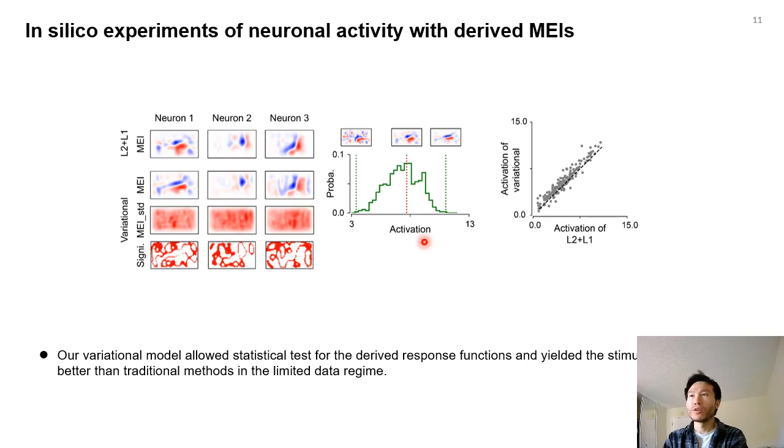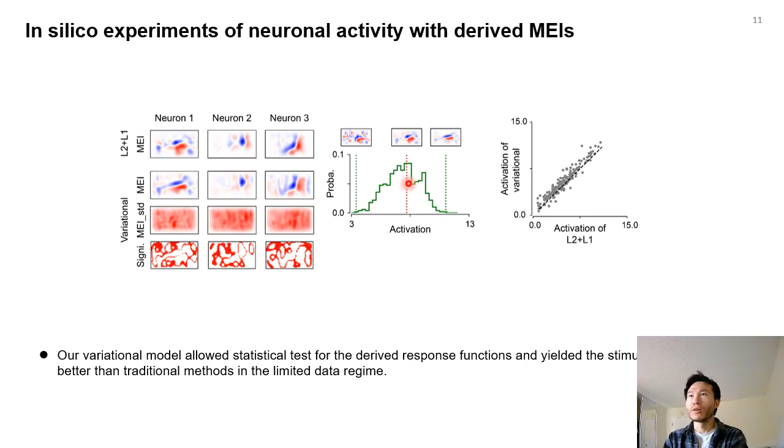We also showed the distributions of the activations for neuron 1. The green one is a distribution because we can sample the model weights multiple times. We can see that the maximum of this activation, the green one, is larger than the red one.